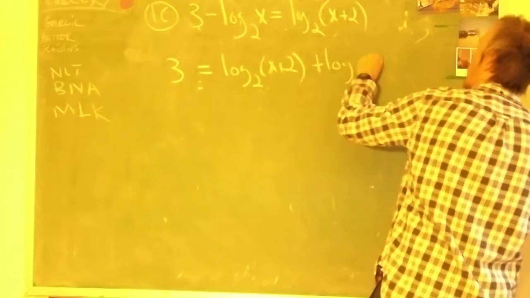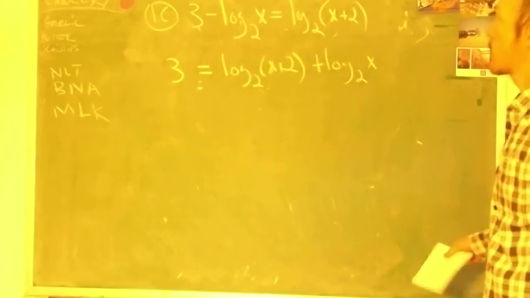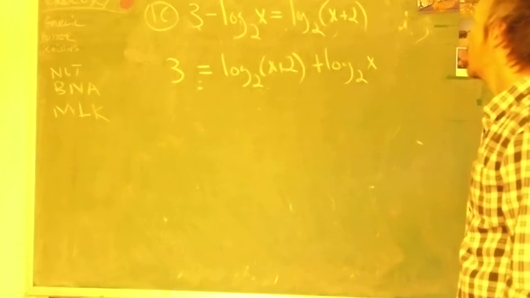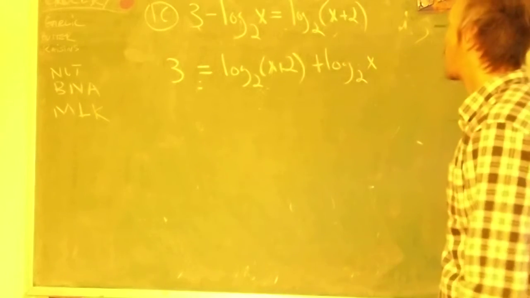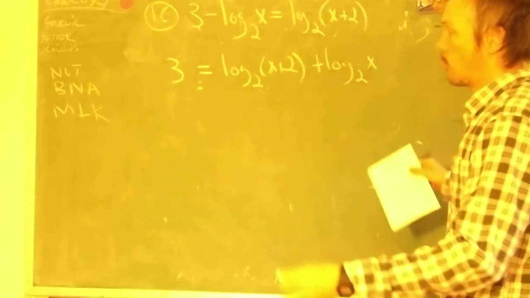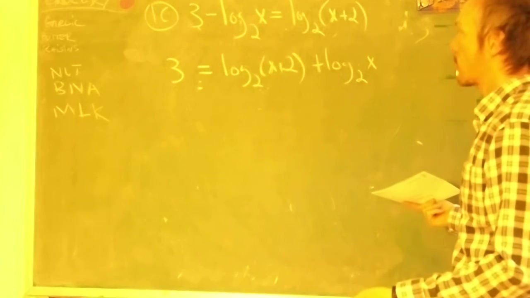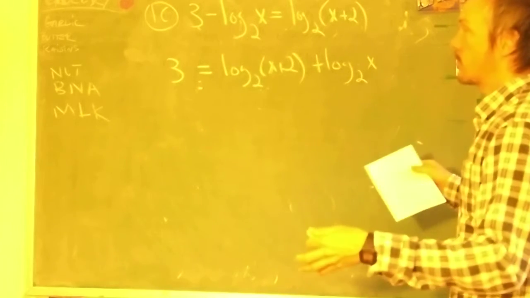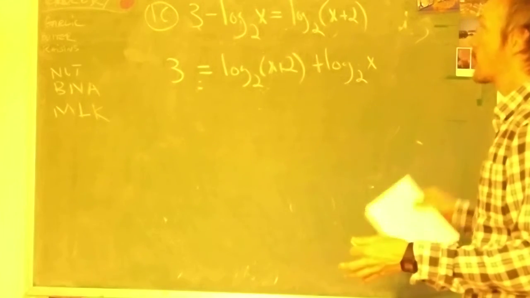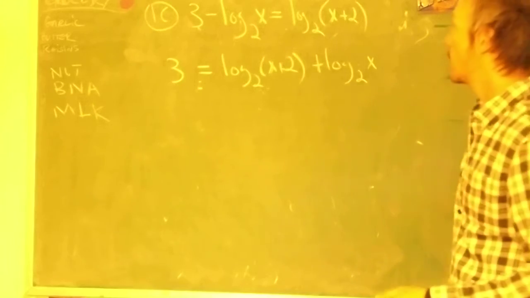And what I can do now is use a log property to rewrite this as a single logarithm. So that's another part of the procedure, is to, once you've gathered all the log expressions on one side, to use log properties to simplify them and combine them into one single log. So I can do that here.